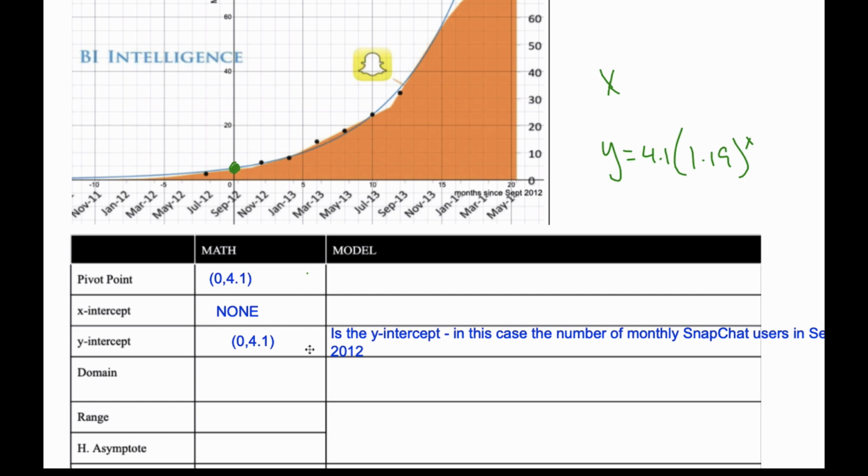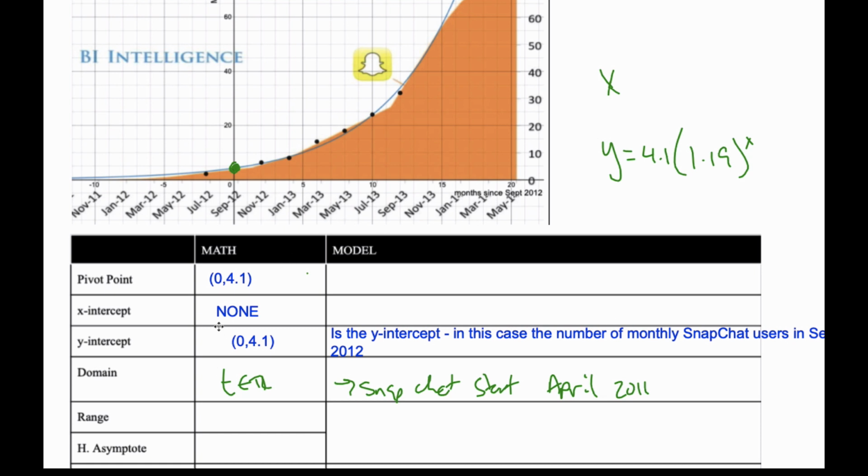And so the domain is simply going to be x or t, because we're actually dealing with t for time. t belongs to any real number, even though we also know that Snapchat started in April 2011, or so says Wikipedia. Okay, that is the domain.